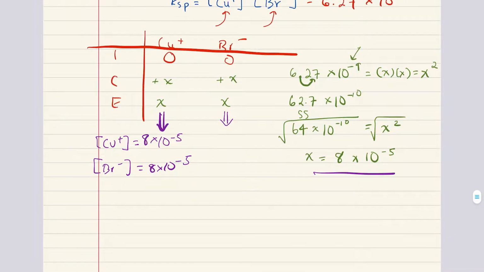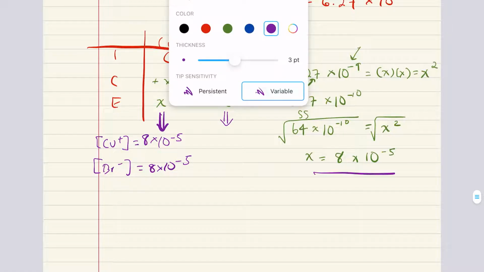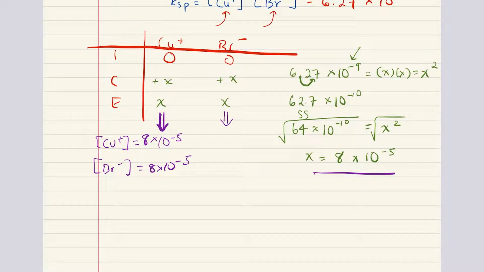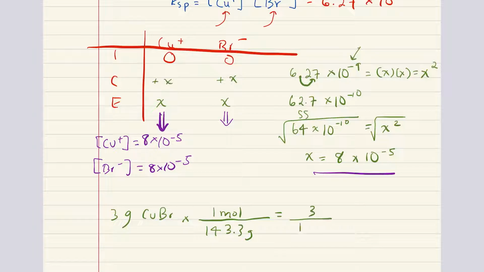Now, molarity is moles divided by liters, but we're not given moles of copper 1 bromide, we're given grams of copper 1 bromide. So we want to go ahead and convert this to moles using molar mass. The molar mass is 143.3 grams per 1 mole. We're going to approximate the 143 to 150. And this is actually an easy calculation to do if we write it in a different way.